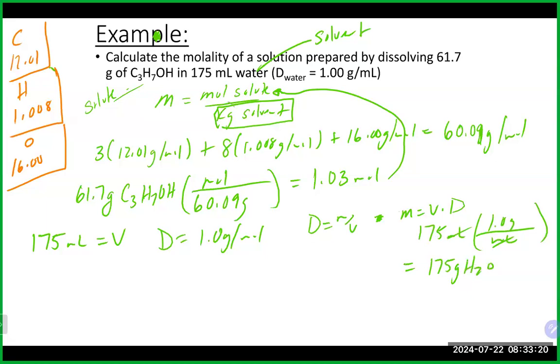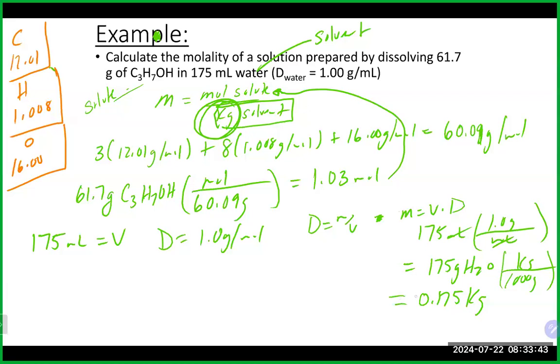Remember, though, in molality we need it in kilograms, so we need to convert it so that everything cancels out correctly. That is 1,000 grams in a kilogram, and that will give us 0.175 kilograms of water, or our solvent in this case. Any questions up to there?